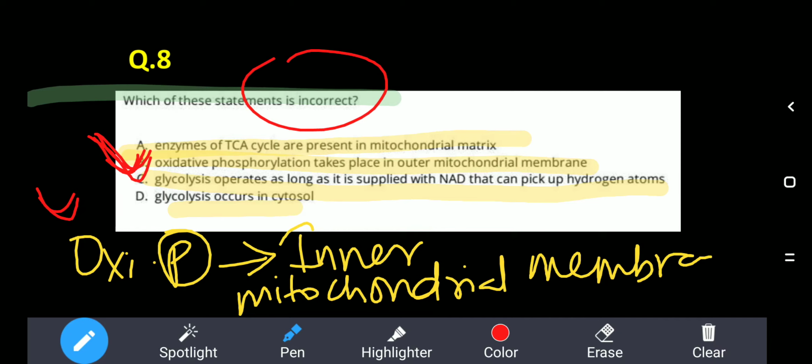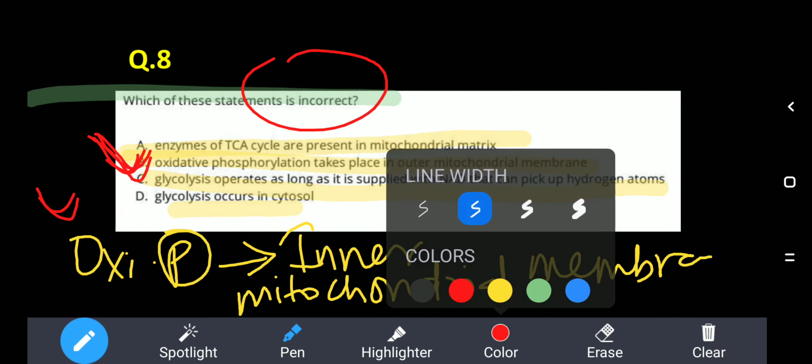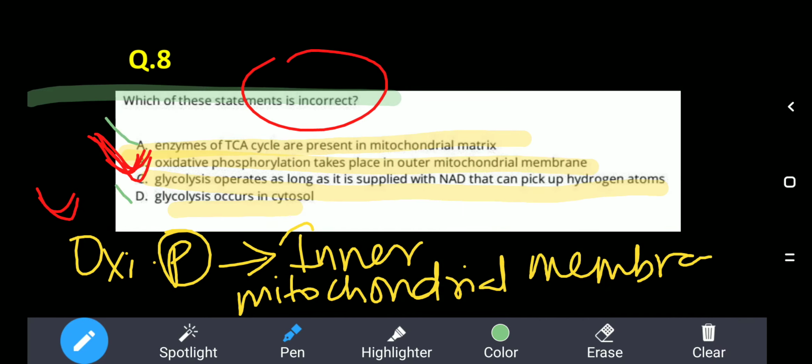Exactly true. Glycolysis occurs in cytosol. Yes, true. Glycolysis operates as long as it is supplied with NAD that picks up hydrogen atoms. Exactly. Glycolysis, all these are involved in energy production.